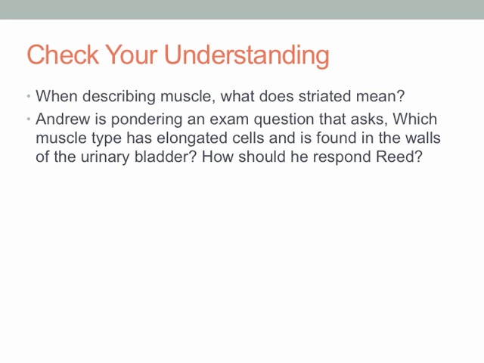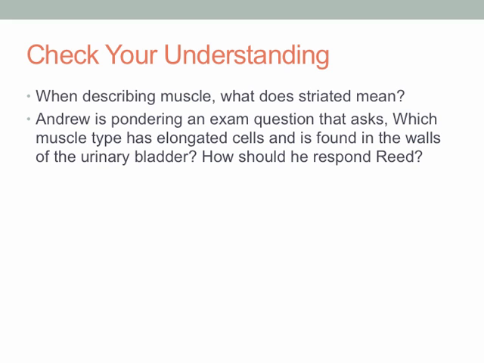All right, Andrew is... I just changed the names. I took these questions out of the book, but anyway, Andrew is pondering an exam question that asks, which muscle type has elongated cells and is found in the walls of the urinary bladder? If Reed was helping him cheat in class, how would Reed respond? He would say, Andrew, okay, well, first of all, what muscle tissue cells are elongated?